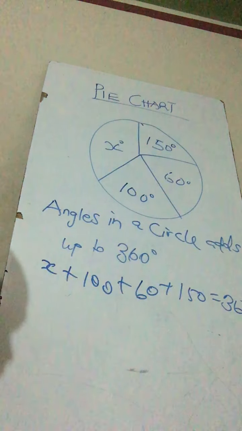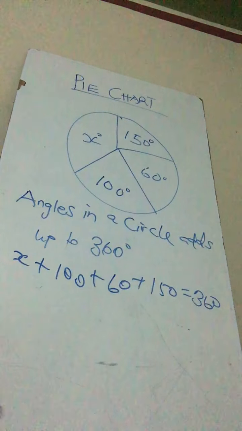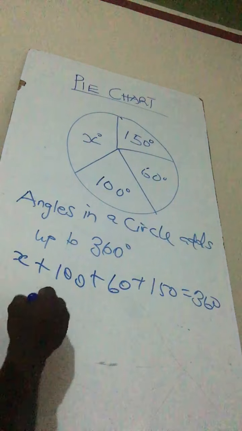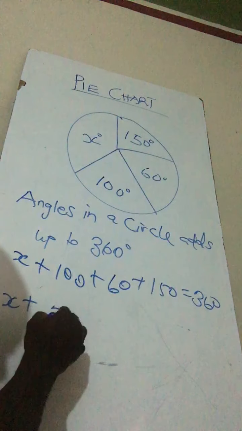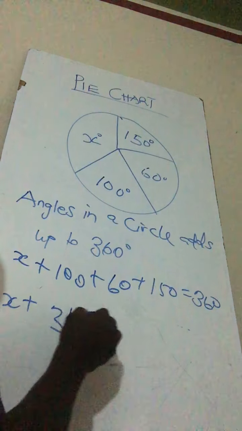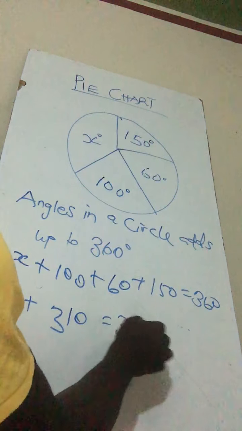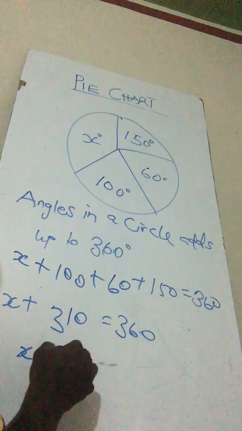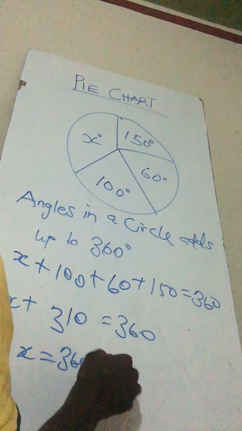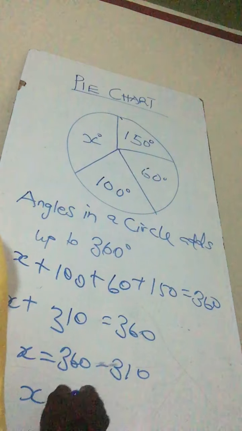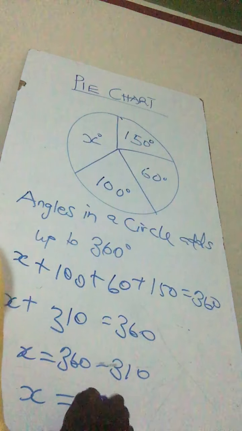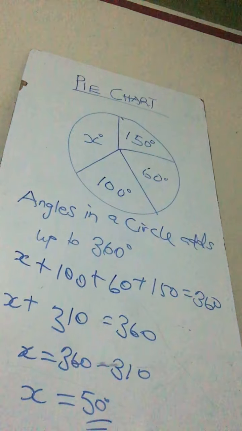Okay, so x plus 310 equals 360. So x equals 360 minus 310. So x is 50 degrees. So it means this side is 50 degrees.